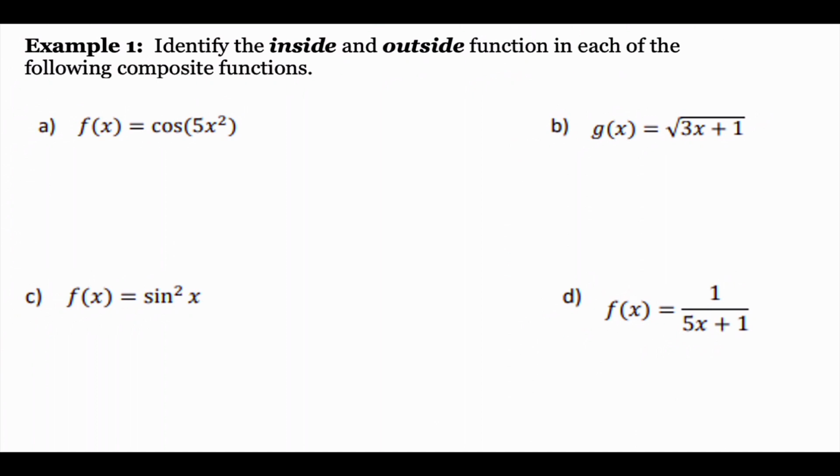What would be the inside layer? Anytime you want to find the inside layer, go inside the parentheses or go inside the root. That's usually where they're at. This guy is inside the parentheses. That's the inside. So the inside is 5x squared.